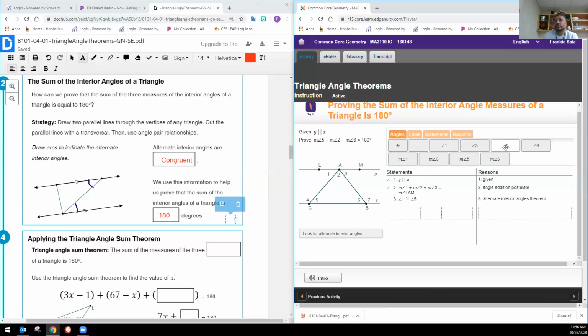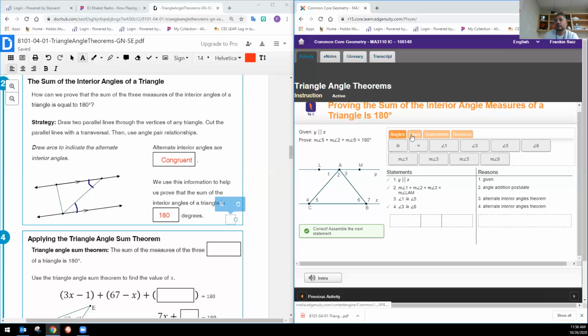So it's angle 3 is congruent to angle 6, and that's going to be because of the alternate interior angles. Okay, so then is it the same thing? We did angles 1 and 5. We did angles 3 and 6. So then there's those two.